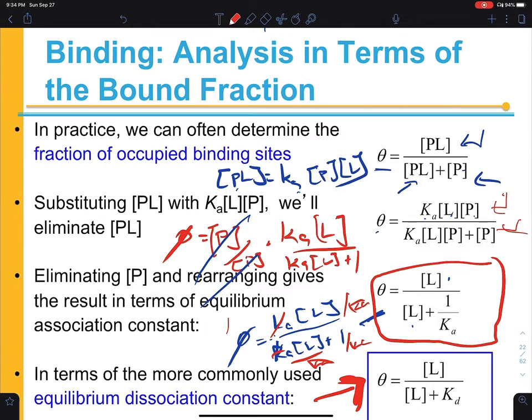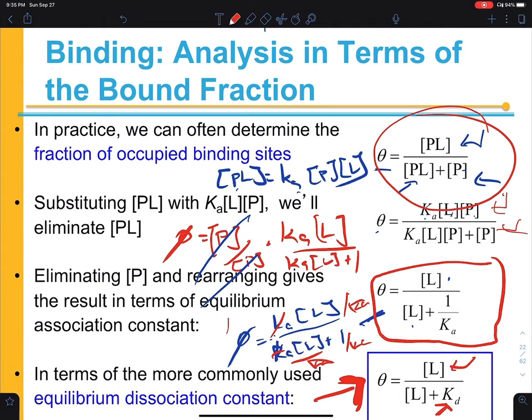So this is great because we have now reduced this complicated term that has three variables to one variable, the ligand concentration, and a constant, the Kd, that is constant for the individual reaction, right?